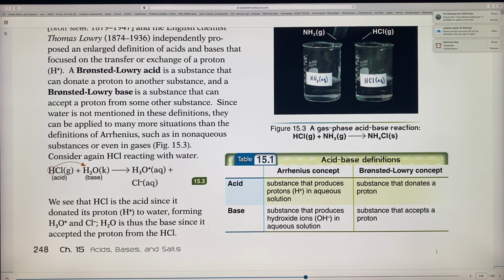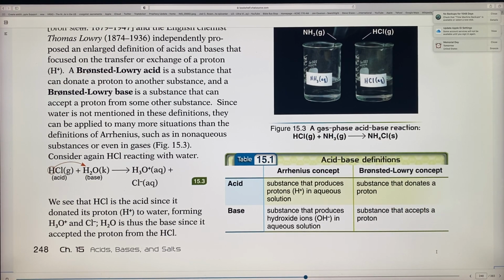The acid-base definitions. What we went over is kind of a review. Arrhenius says an acid is a substance that produces protons, that is hydrogen ions, or it's a base if it produces hydroxide ions, which are OH. So we went over that. That's Arrhenius. Bronsted-Lowry says basically an acid is a substance that donates a proton, or a base is a substance that accepts a proton.